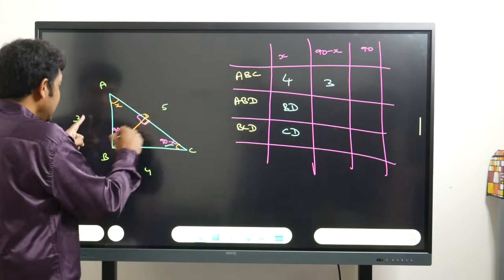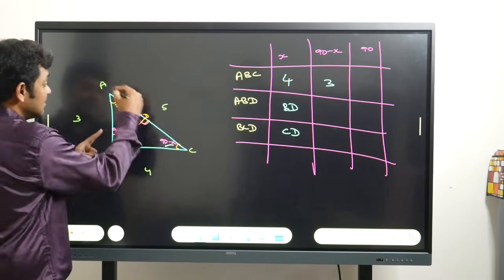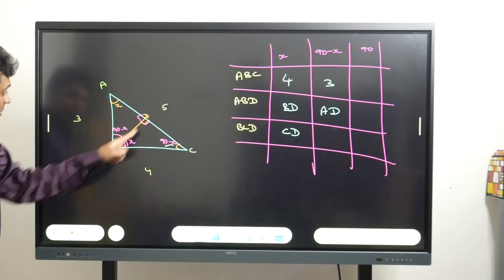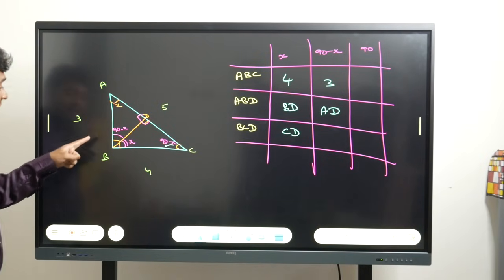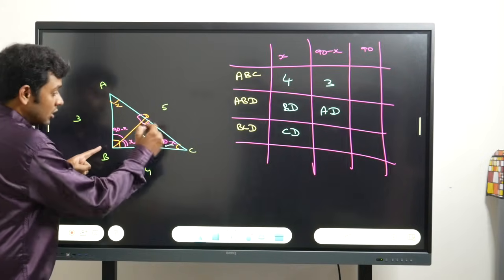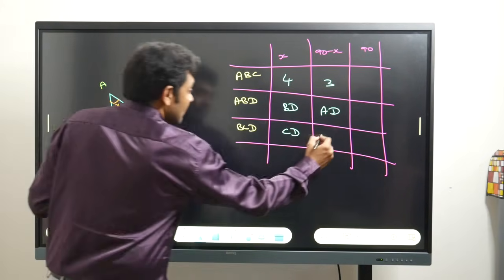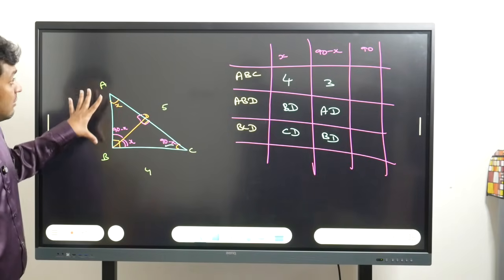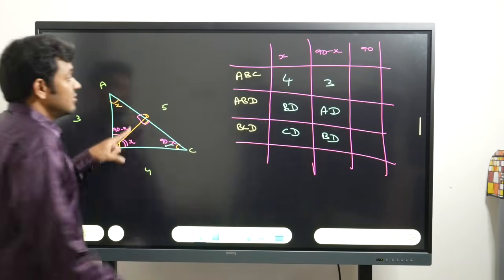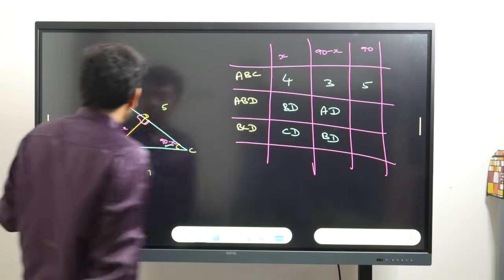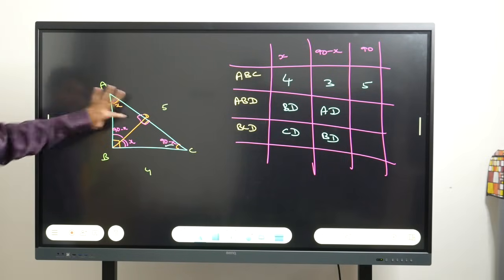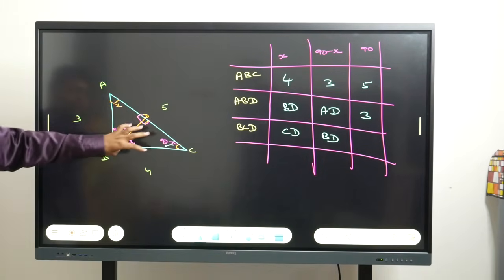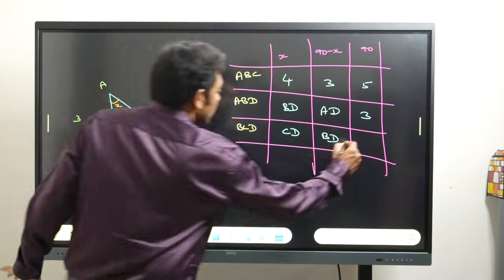In triangle ABD, the side opposite 90 minus x is AD. And in triangle BCD, the bottom triangle, the side opposite 90 minus x is BD. Now, in triangle ABC, opposite 90 is the bigger side, which is 5. In triangle ABD, opposite 90 is 3. In triangle BCD, opposite 90 is 4.